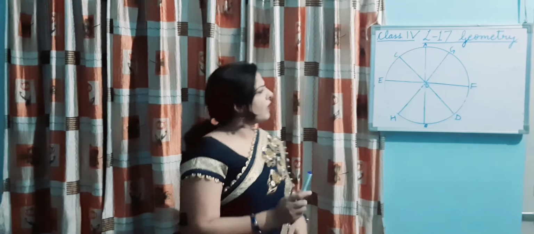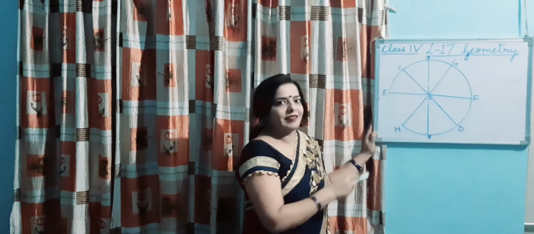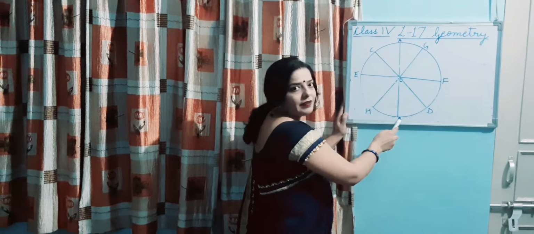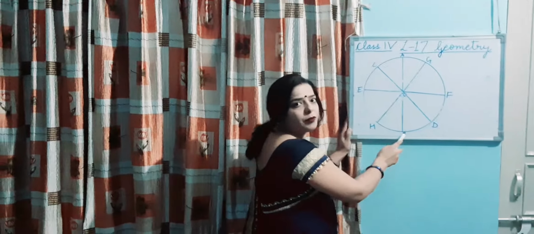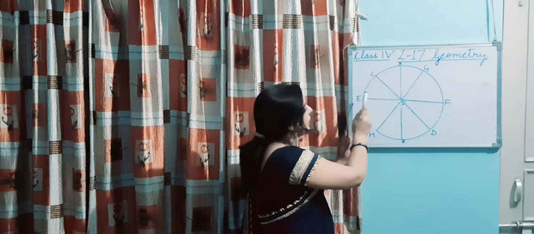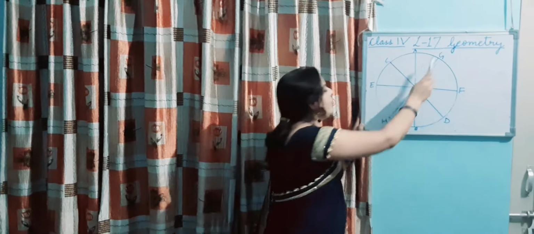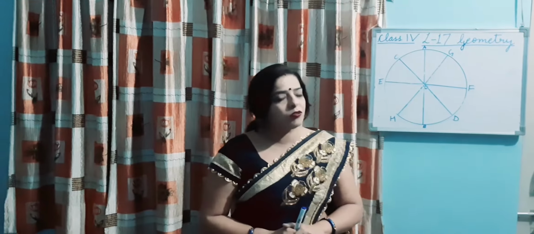Now students, you can see that I have drawn certain chords on this circle. Now you can see chord AB. And which points is it joining? It is joining point A to point B. In the same way, chord CD is joining C to D, EF is joining point E to F, and GH is joining point G to H. But have you noticed a special thing about these chords?